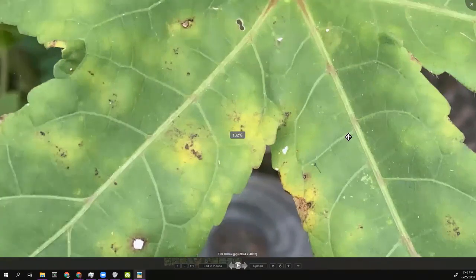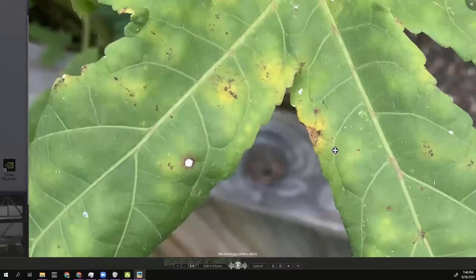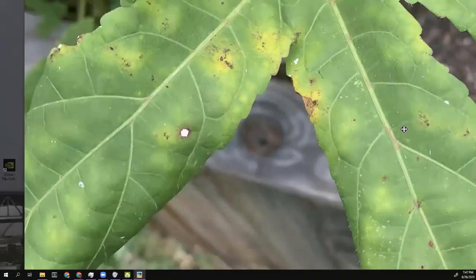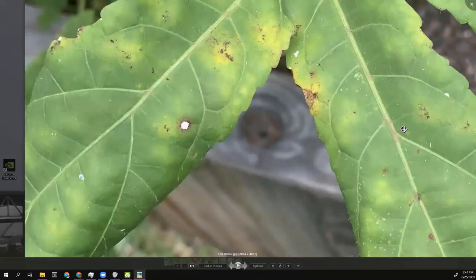Got a bunch of neat little black spots on this one too. Who do y'all think made all those marks? We've got some suckers coming in and leaving, so that's probably like a stink bug or a weevil kind of critter.